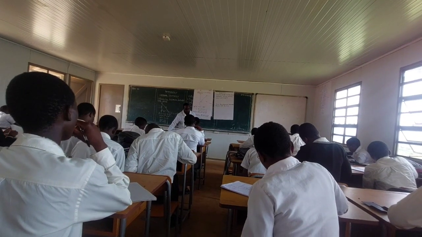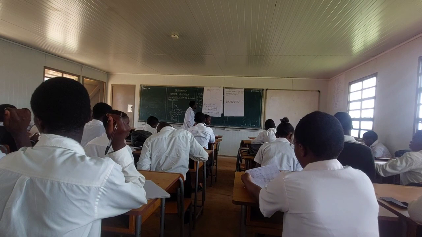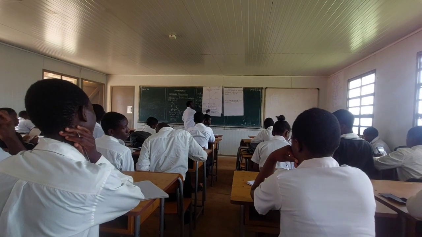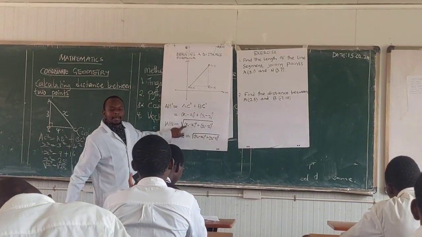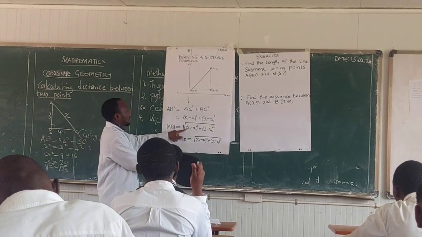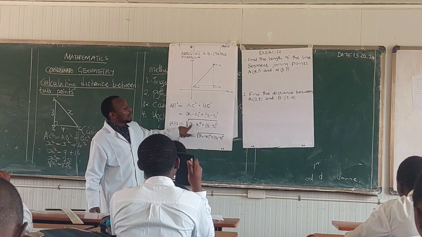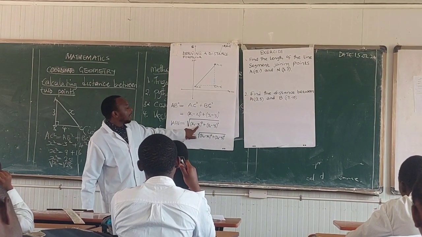So the answer for this one, after using the formula, we are going to substitute it in here. Our x2. What is our x2? 5. So our x2 is 5. That means we are going to put 5 here. What is our x1? Negative 3.